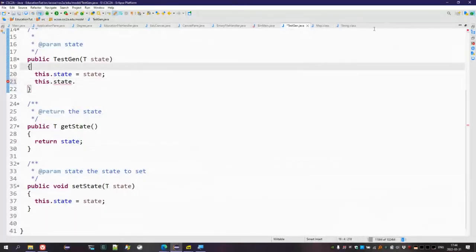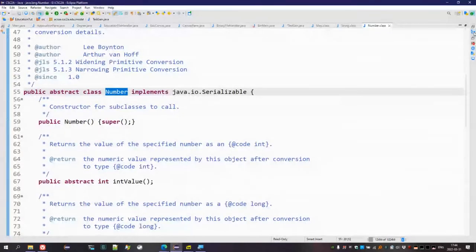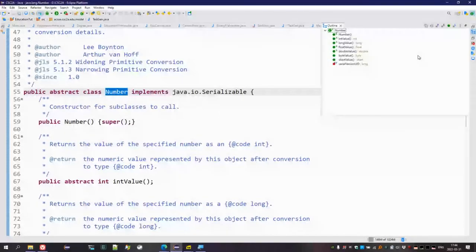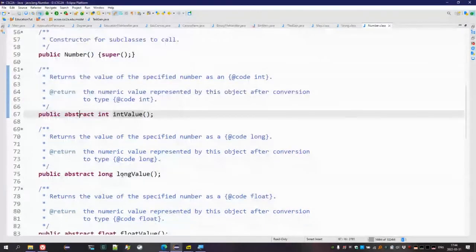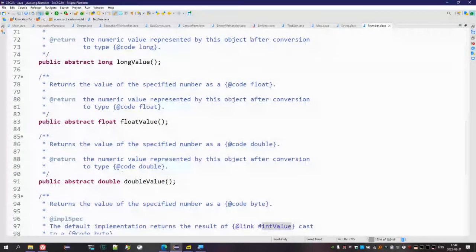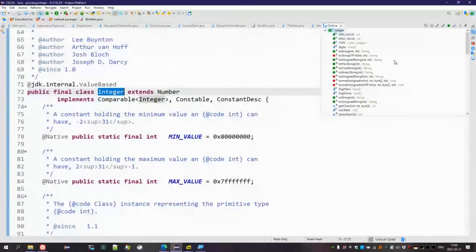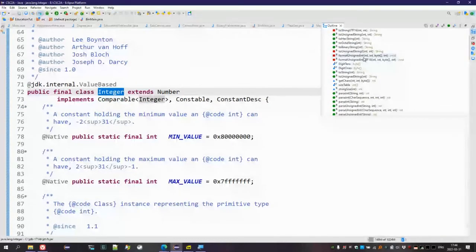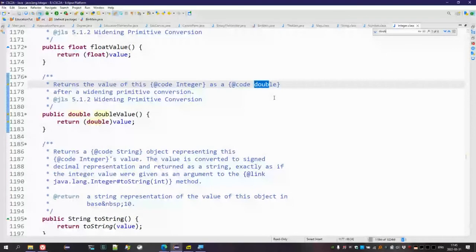So if we go look at the number class again, and we go look at the outline, we can see these are all abstract methods, and they will be implemented in their respective subclasses. So if we go look at integer, for example, there's double value.